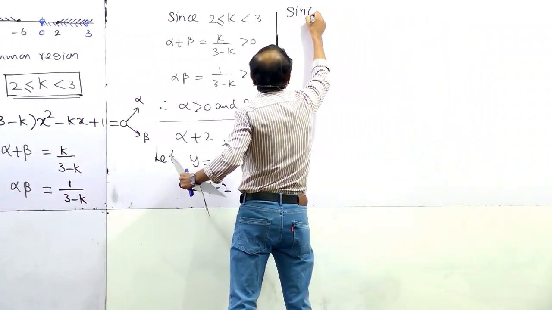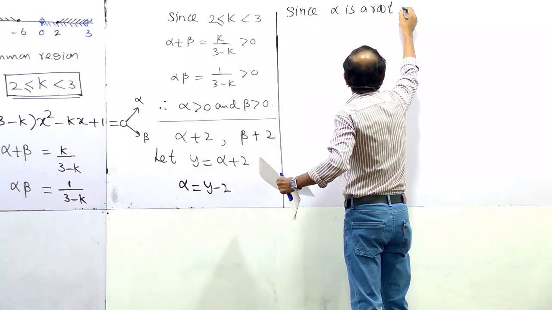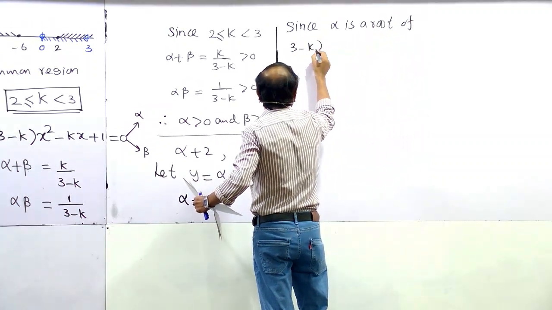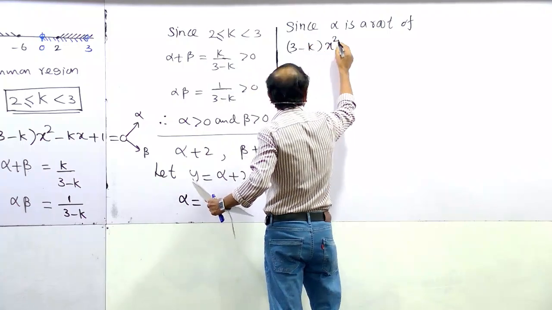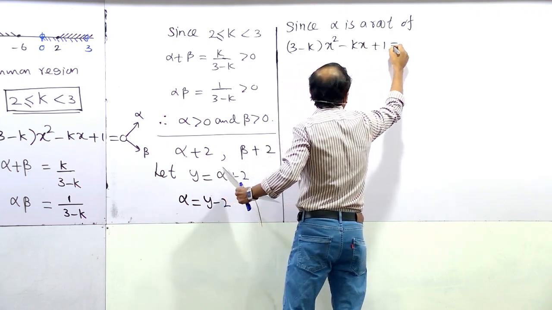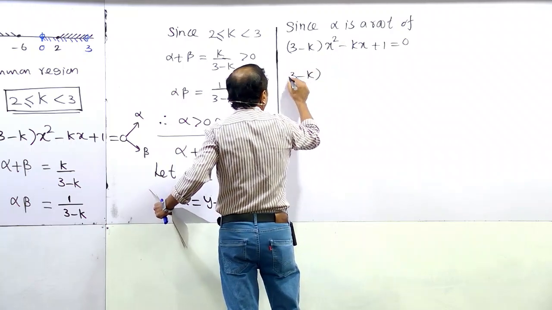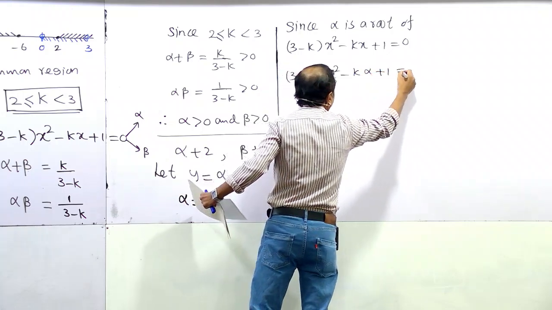Now, you can write the last answer like this. Since alpha is a root of (3 minus k)x squared minus kx plus 1 equals 0, put alpha here: (3 minus k) alpha squared minus k alpha plus 1 equals 0.